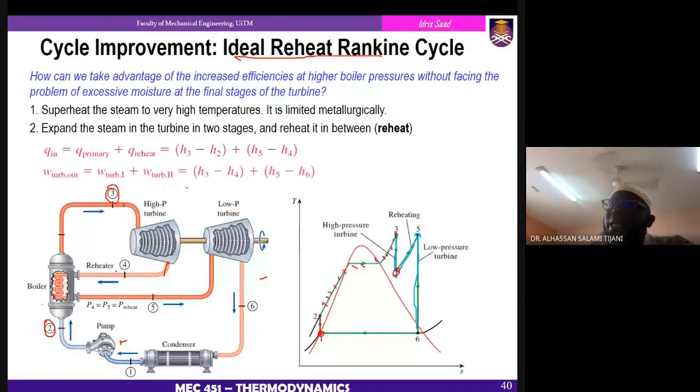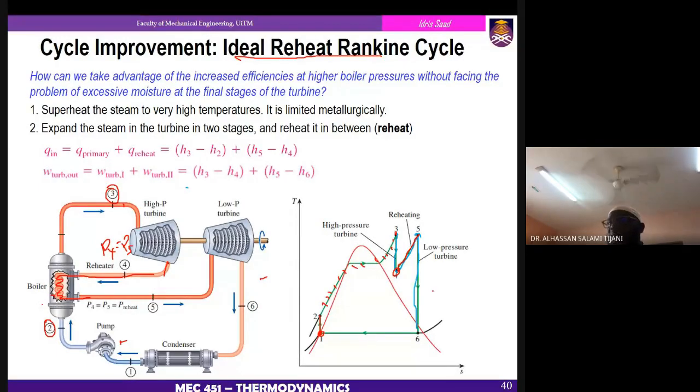After which the fluid is sent again to the boiler for reheating. This reheating is carried out in such a way that the temperature of the fluid is again elevated, but this is done at constant pressure. So it means P4 equals P5.